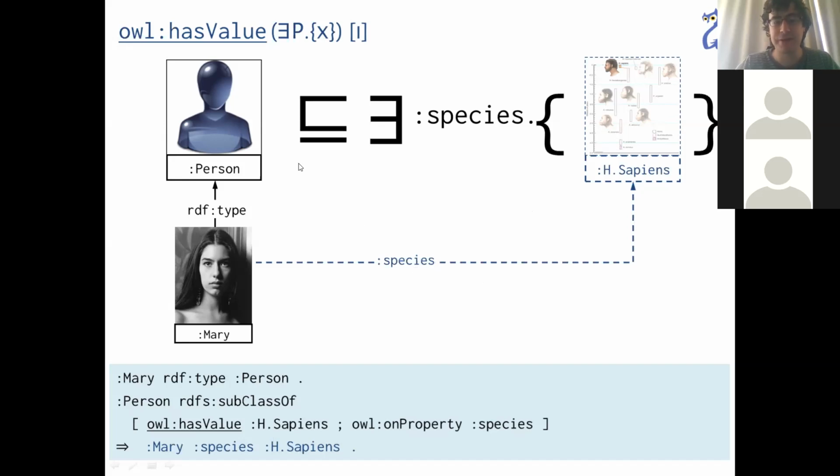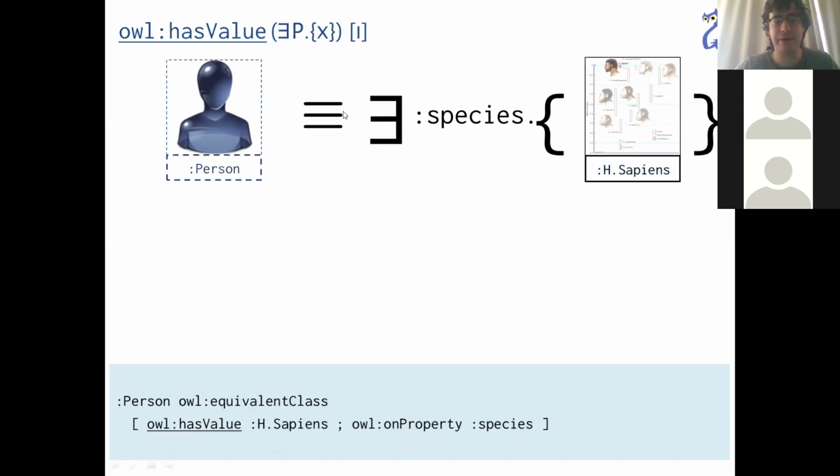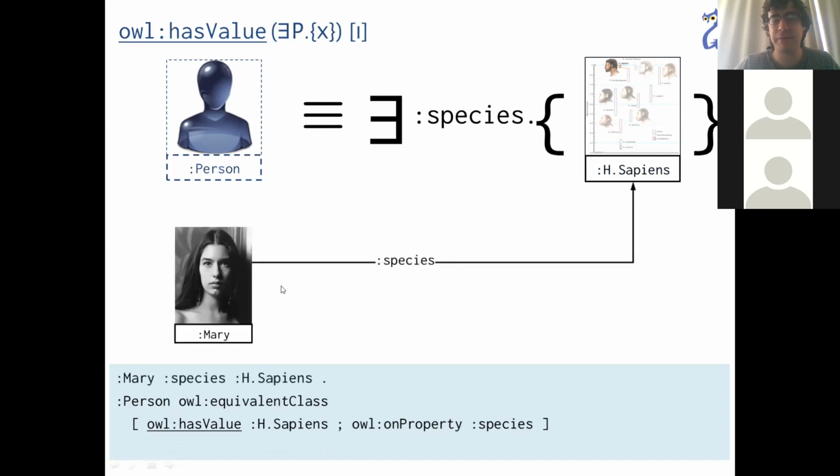Okay. So somehow we're saying person implies having this value for this property. If we go in the other direction, and here we have subclass of, but if we define this as the equivalence class, now we can go in the other direction as well. So we can define, for example, that if Mary has species Homo sapiens, then Mary is a person.